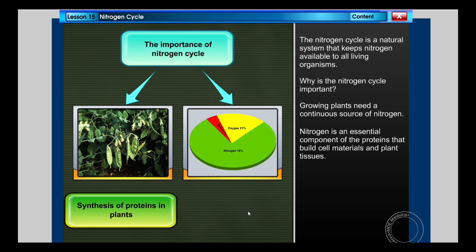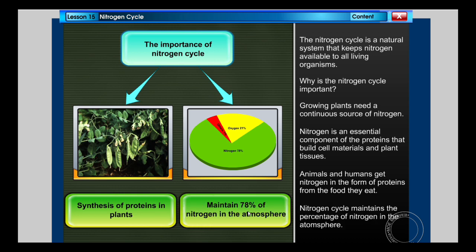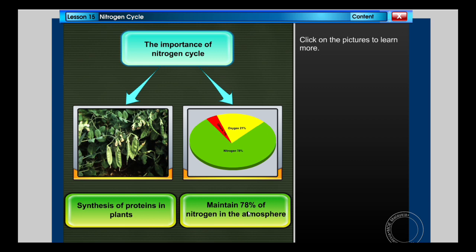Nitrogen is an essential component of the proteins that build cell materials and plant tissues. Animals and humans get nitrogen in the form of proteins from the food they eat. Nitrogen cycle maintains the percentage of nitrogen in the atmosphere. Click on the pictures to learn more.